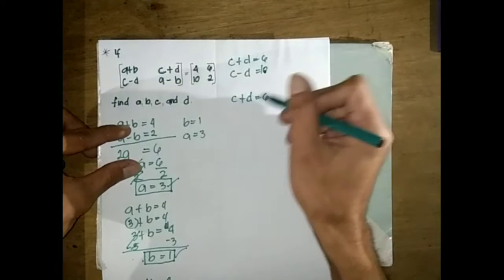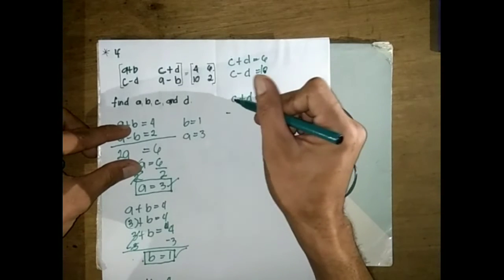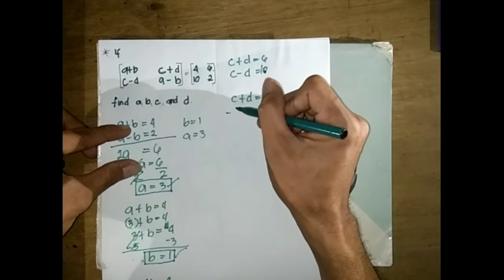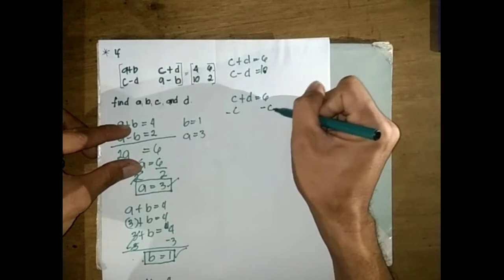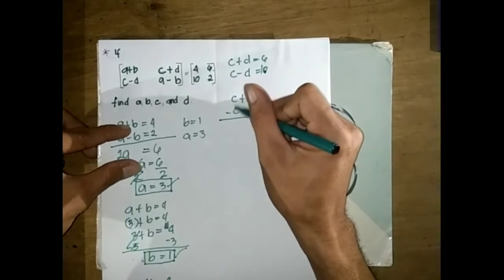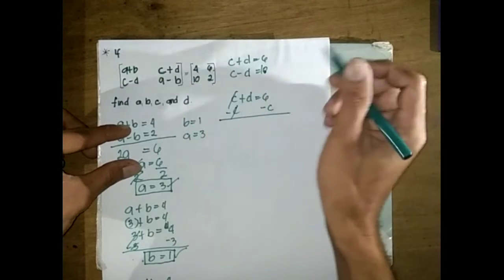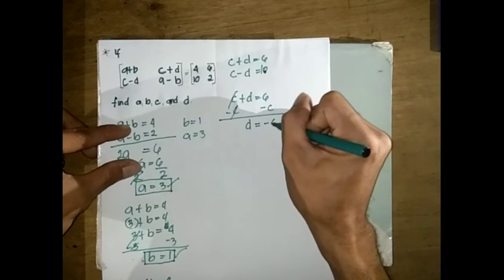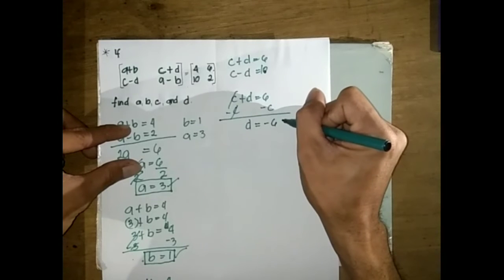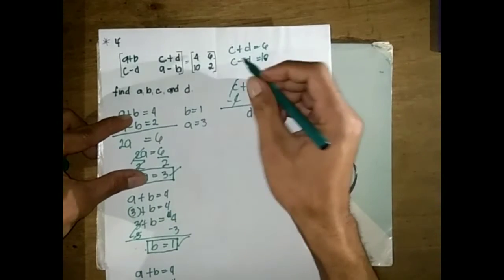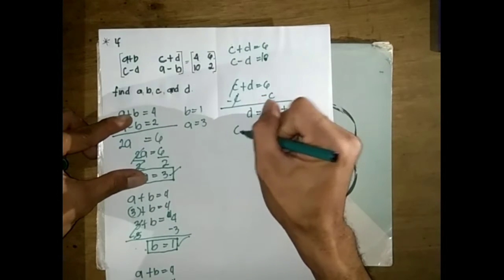Then, we will add the inverse of C, which is negative C, to both sides. So, cancel na to. Bring down D, negative C plus 6.